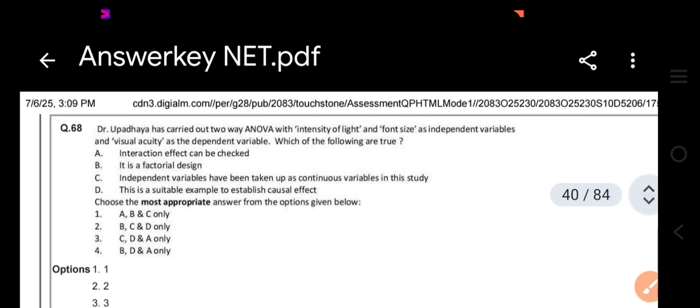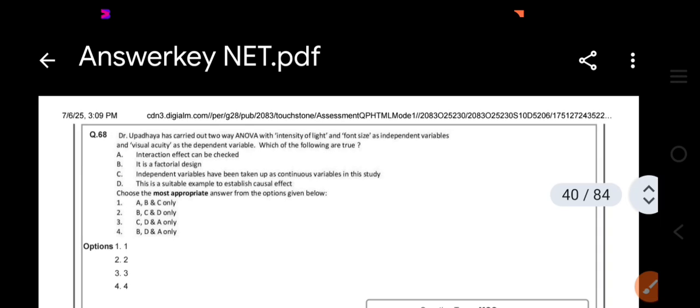Option 1 is the right answer here, because most likely the interaction effect can be checked, and it is a factorial design. The independent variables as continuous variables, partially we can agree, and for establishing the causal effect we don't have sufficient information. So A, B, C are very relevant.